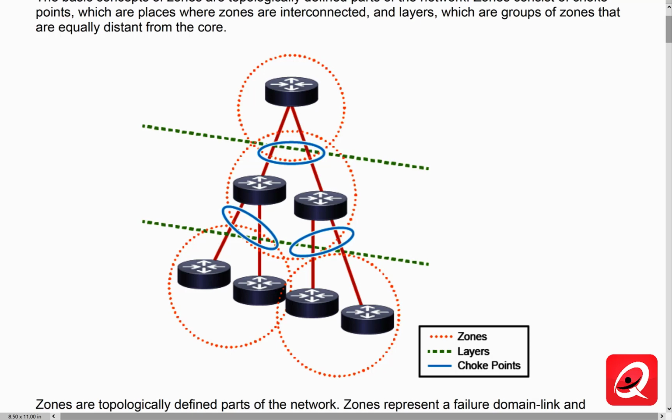You can build in really as many layers as you want, because again, we're not following any kind of strict architecture rule. It's still arbitrary, but keep in mind, typically the design is going to have a couple of different layers, and between those layers we have our choke points, and the choke points is where we're going to implement summarization and so on. All right.